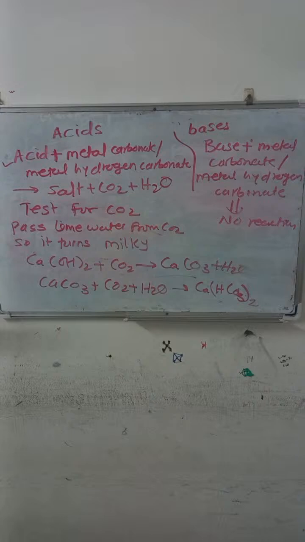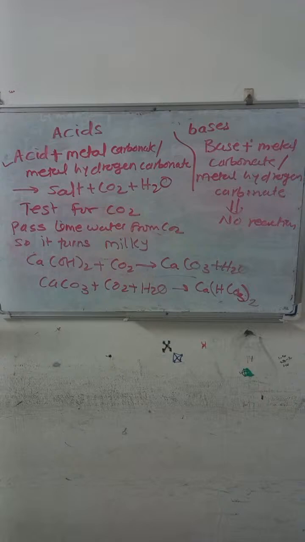In the first case with the metal, it gives zinc chloride, and when the base acts with the metal, it gives sodium zincate. Hydrogen gas is liberated, and hydrogen gas is checked with a burning candle. We hold it near the gas, and the gas gives a pop sound. That means hydrogen gas is present.